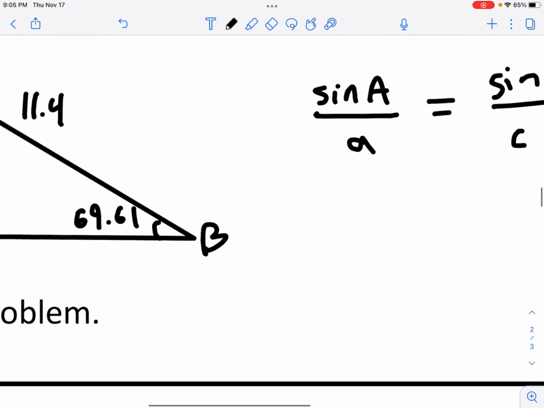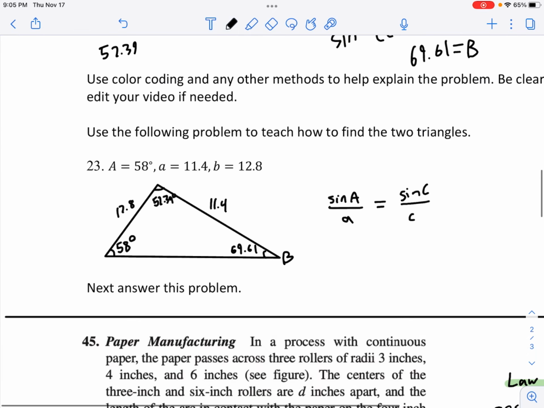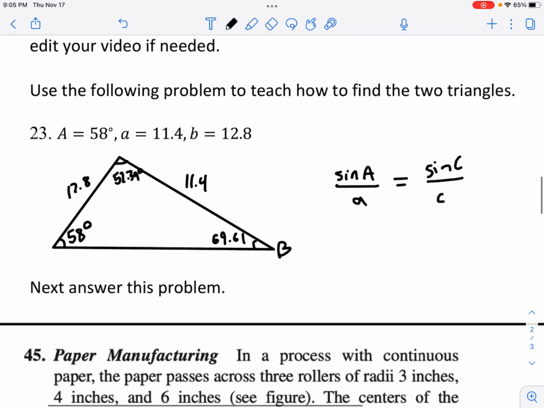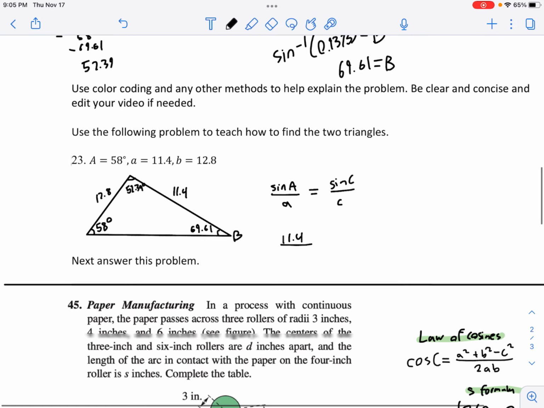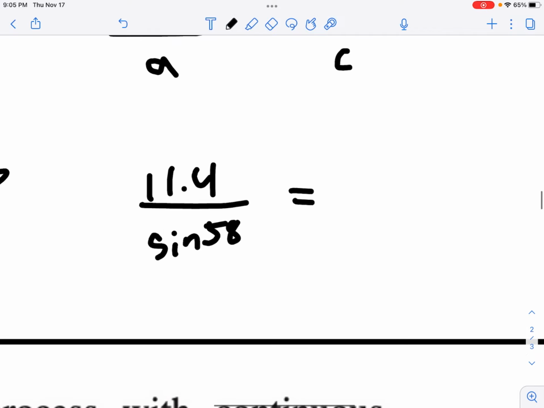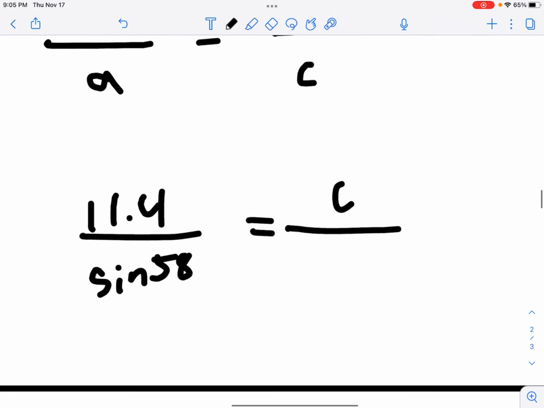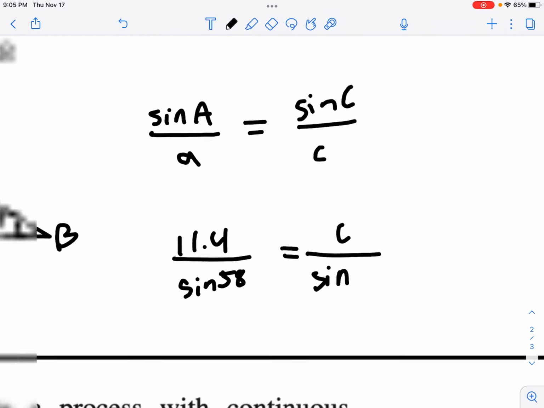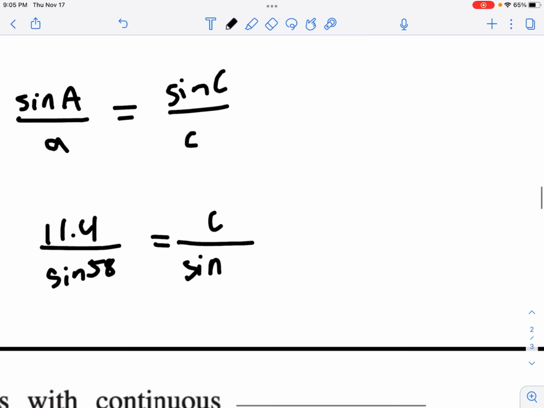So it'll be A over sin A equals C over sin C. So we'll have 11.4 over sin 58 equals C over sin 52.39.